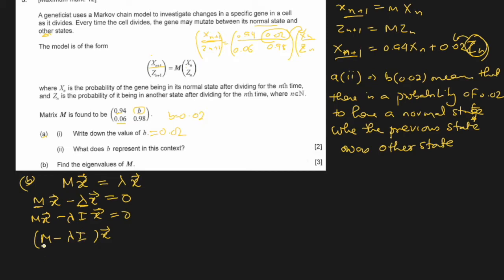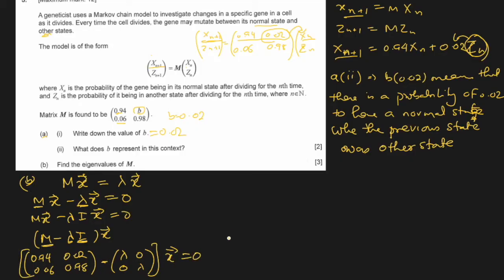Okay, now let's put the values of M. It was 0.94, 0.06, 0.02, 0.98. Okay, minus, and when the unit matrix multiplies with lambda, we get lambda 0, 0 lambda. And this whole thing times x vector. So eigenvector cannot be 0, so for sure this determinant is equal to 0.